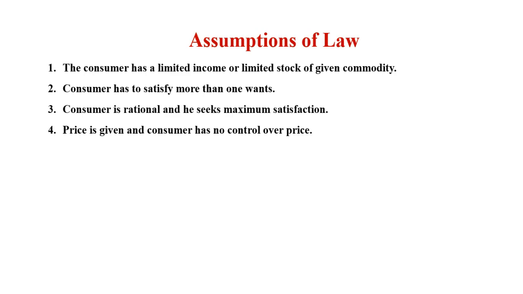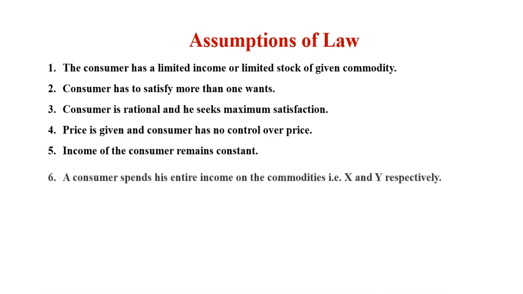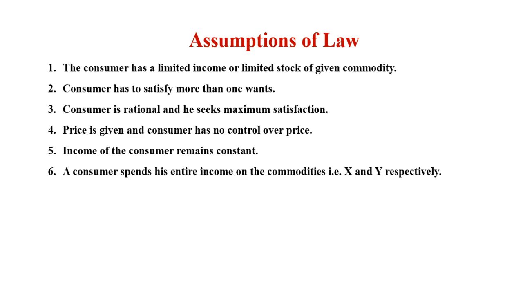If there is a given price, it means there is no change in the price during the application of this law. Income of the consumer is not changed. A consumer spends his entire income on the commodities which are taken as examples in this theory, X and Y.